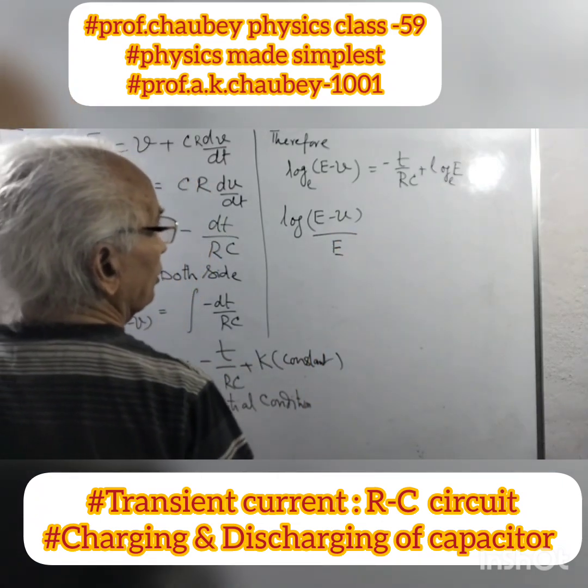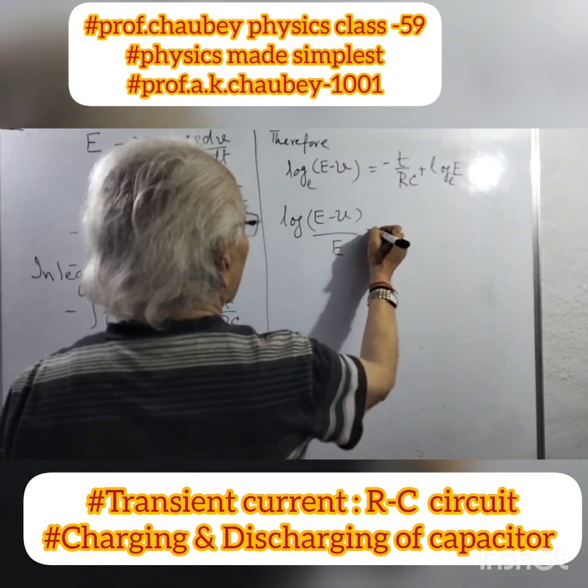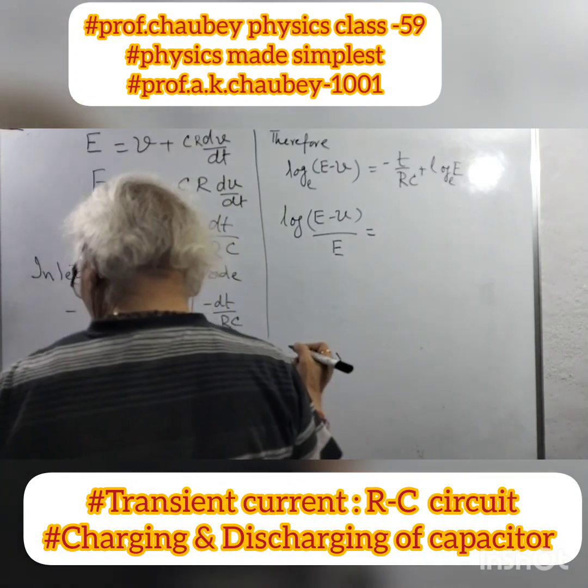Log (E minus V) over E is equal to minus t over RC.